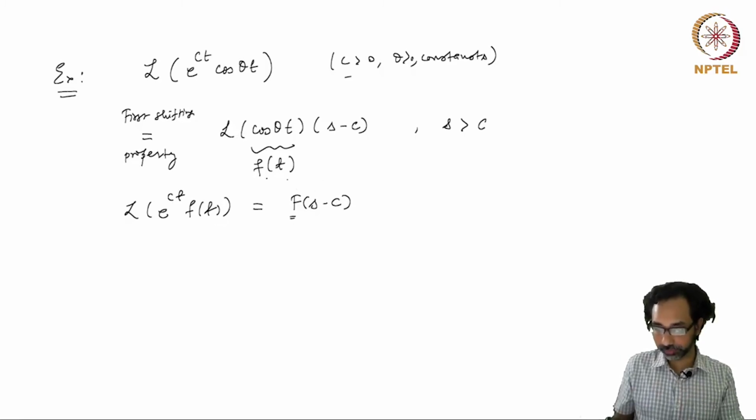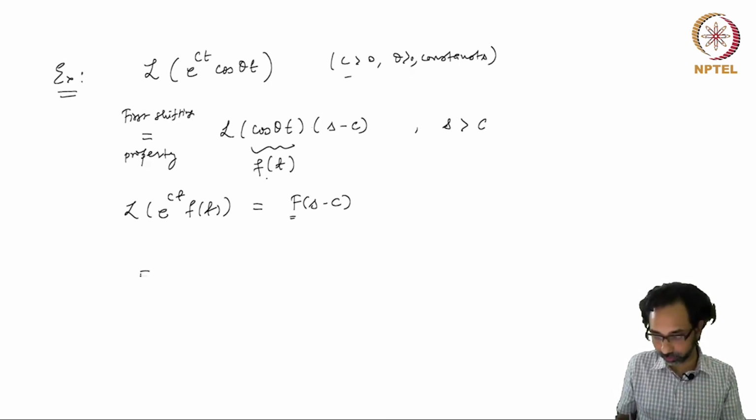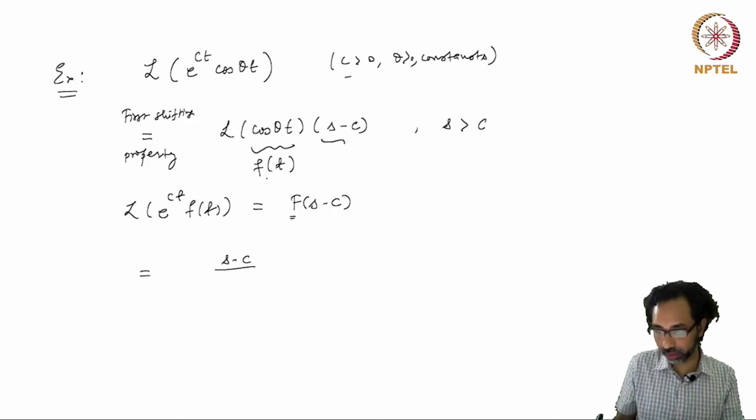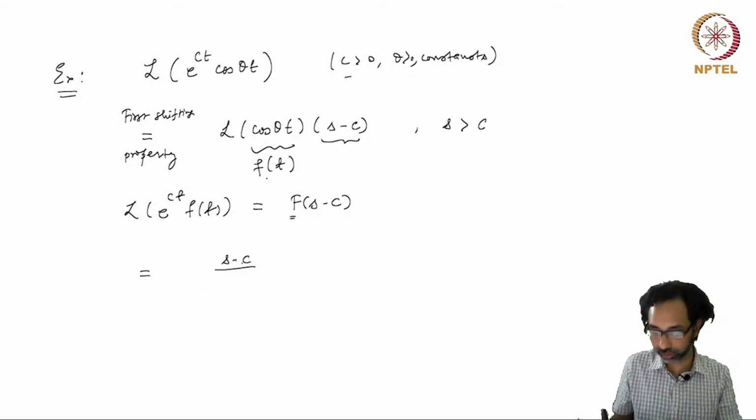But here we know the Laplace transform of cos of theta t. Note that we are evaluating at s minus c, so wherever there is an s, we replace it by s minus c.